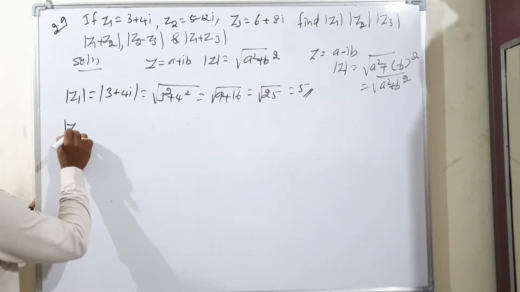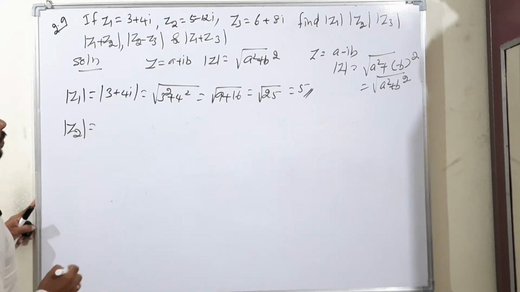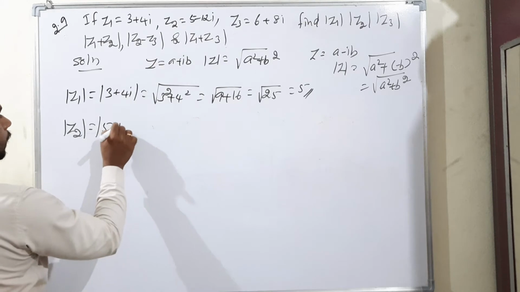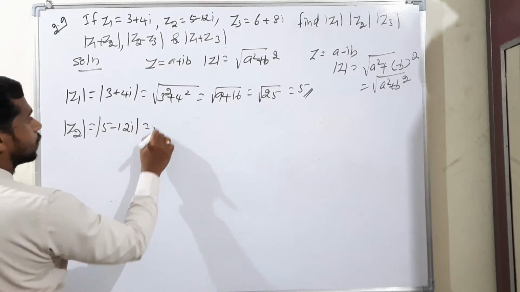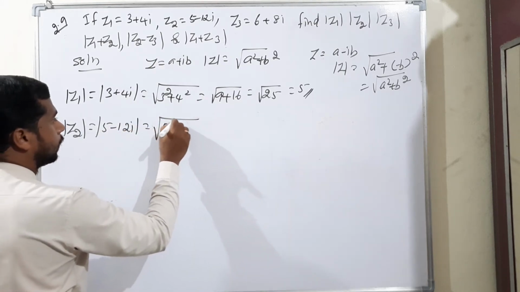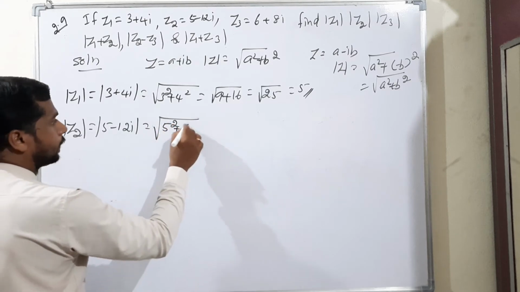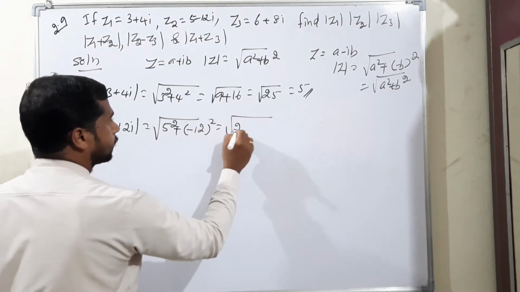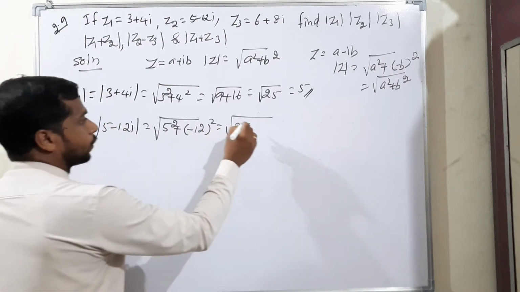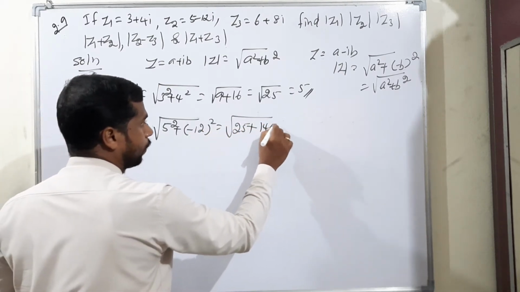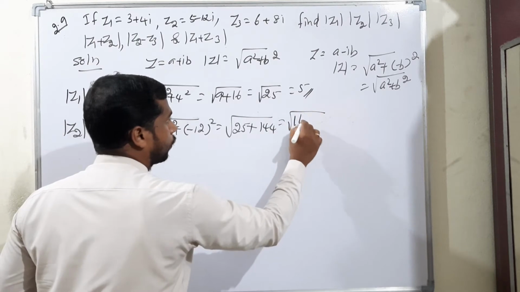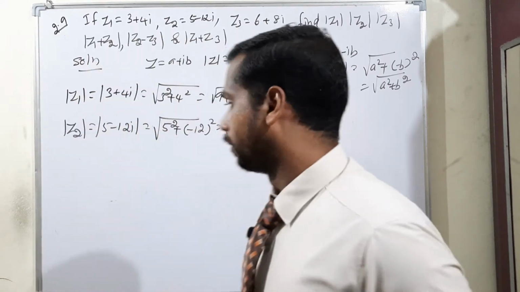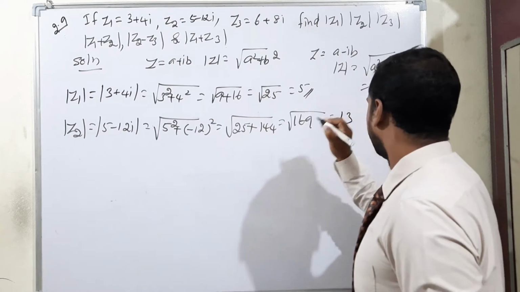Next, modulus of z2, which is modulus of 5 minus 12i, equal to the square root of 5 square plus minus 12 the whole square. 5 square is 25, 12 square is 144, root of 169, a perfect square, 13 into 13. So the answer is 13.